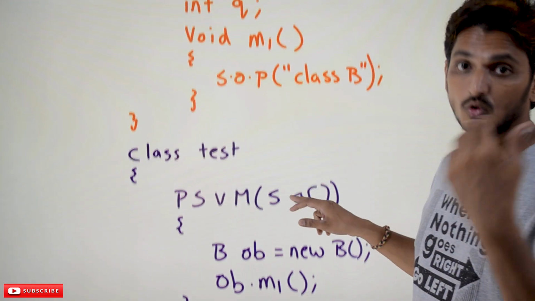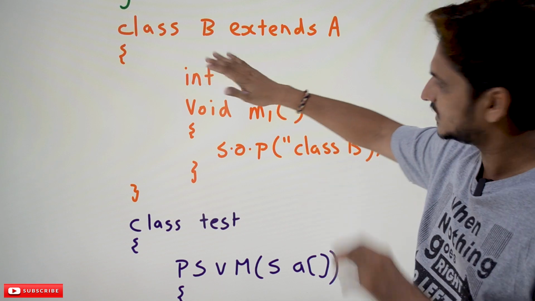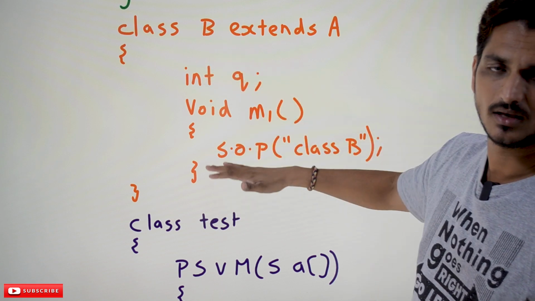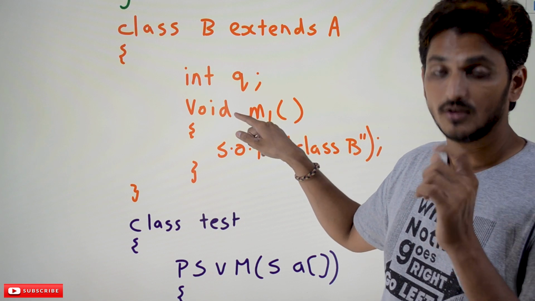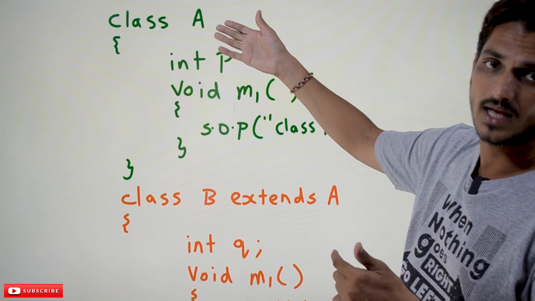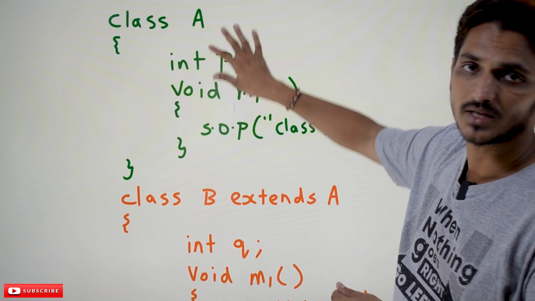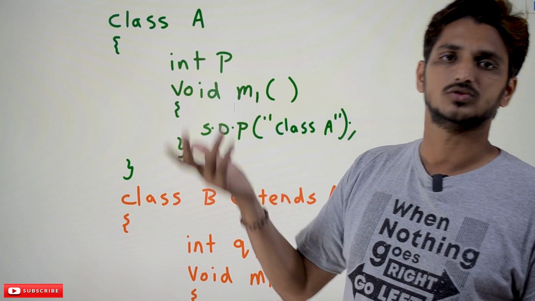So the execution goes like this. First, the object belongs to class B. It is going to check the methods present here in class B. If it finds the method, it will call that method. If the method is not found, then it goes to class A, the above class, and checks the methods present there. This is how execution goes.